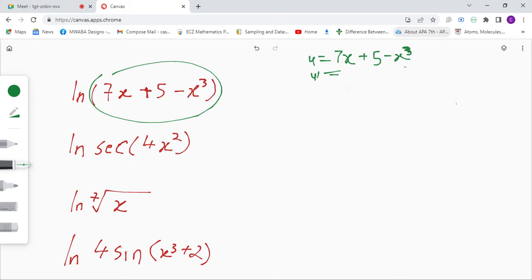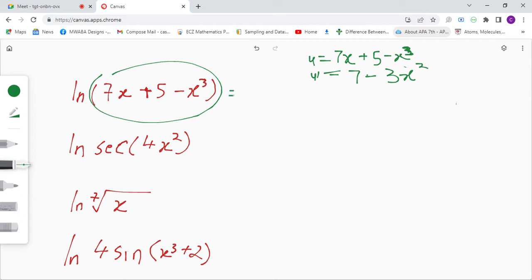So the derivative of 7x is 7. The derivative of 5 is 0, so our 5 disappears. Then the derivative of x cubed, right? This is x to the power 3, is 3x squared. That's the derivative of x cubed.